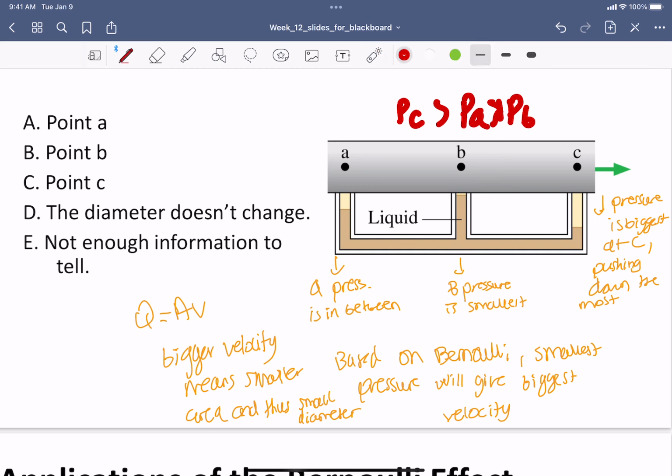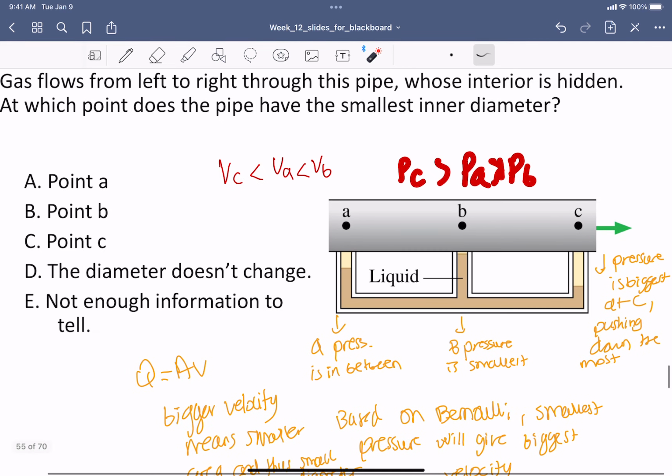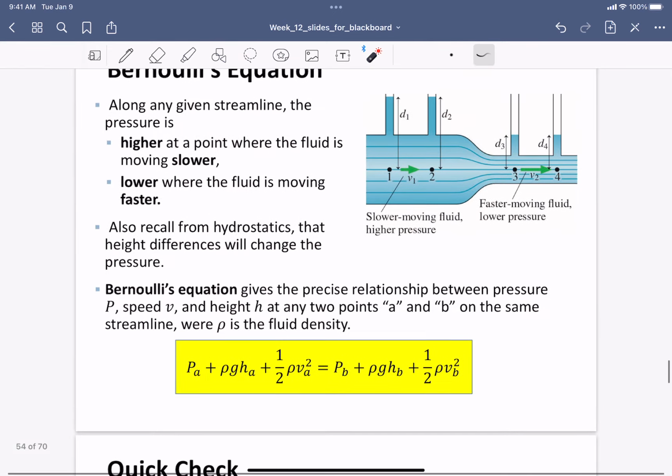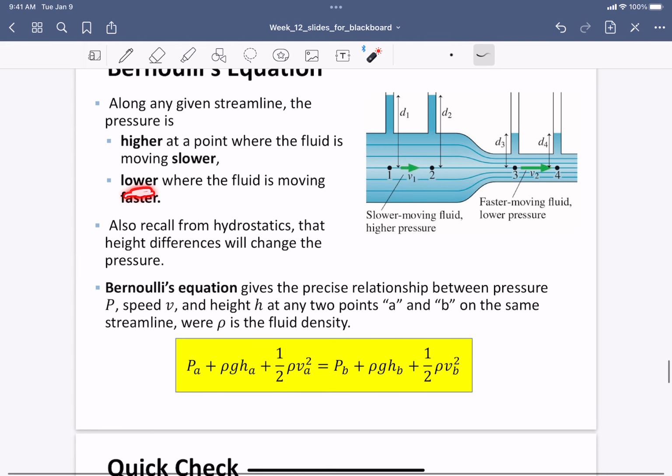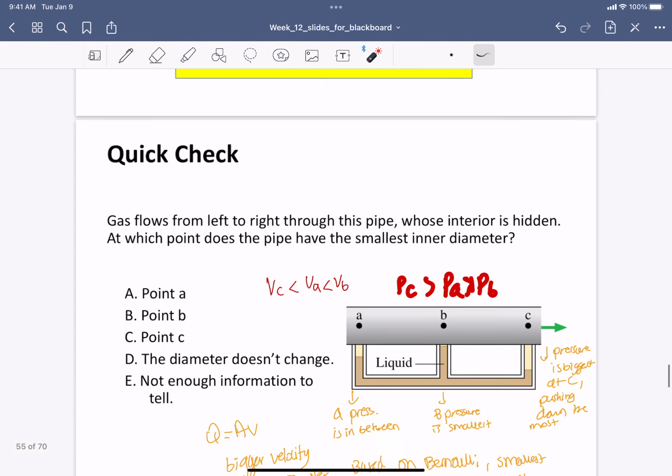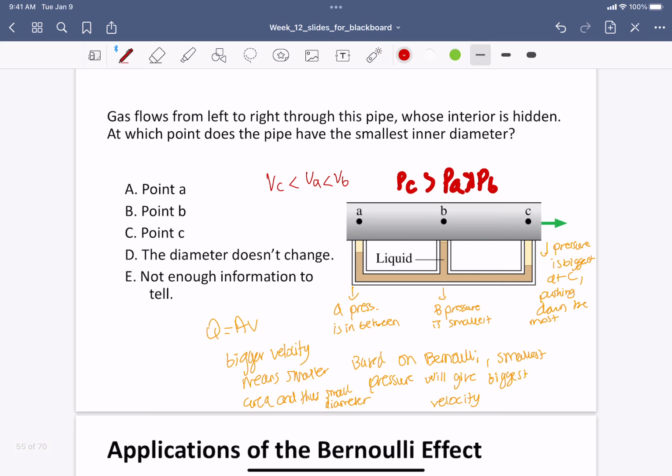So we can say VC is smaller than VA is smaller than VB, right? Because this will have the greatest pressure, this will be in between, this will be the smallest pressure. And where the pressure is lower, it's where the fluid is moving faster, right? So VB is the point where the fluid is moving fastest, right?